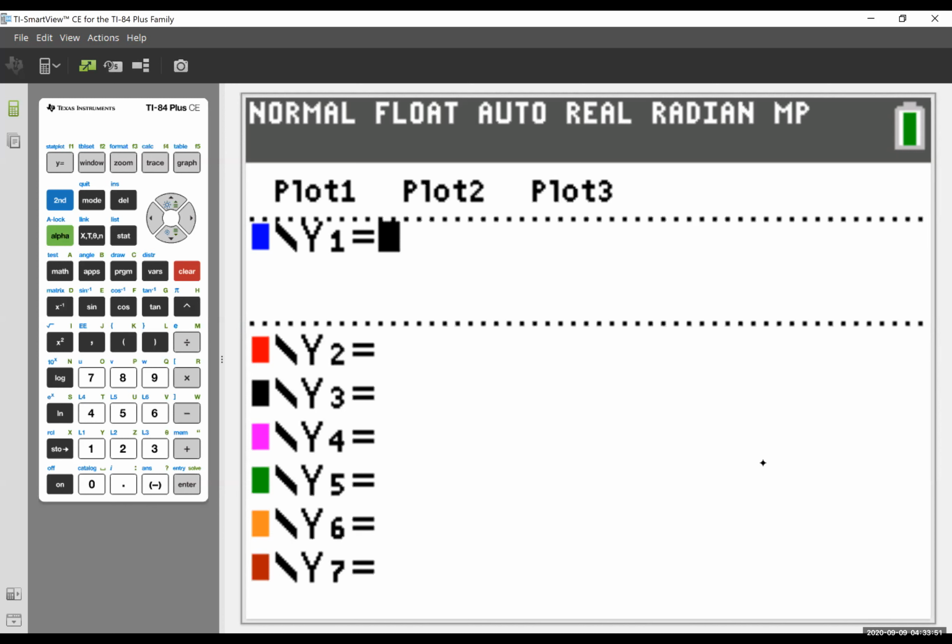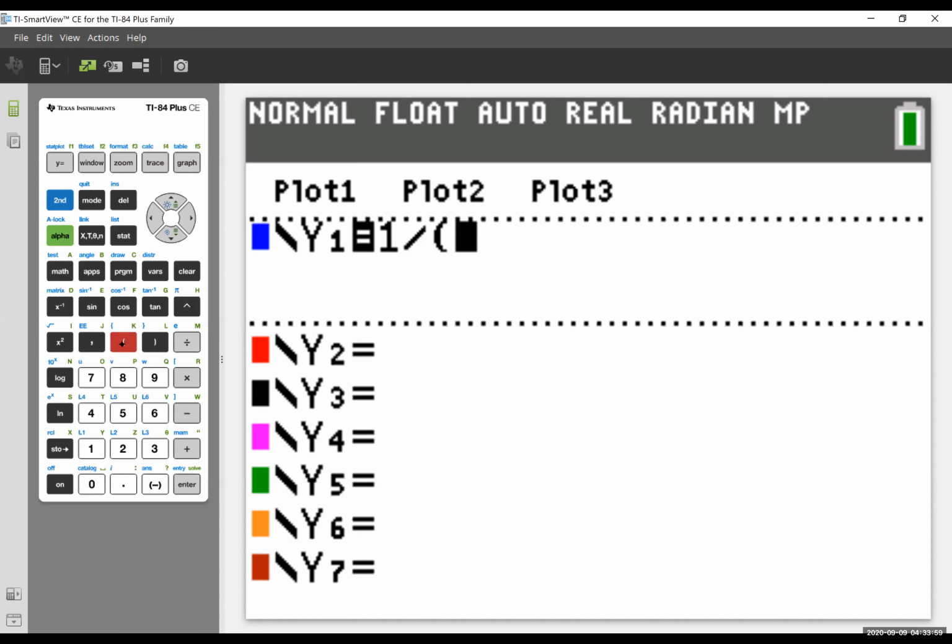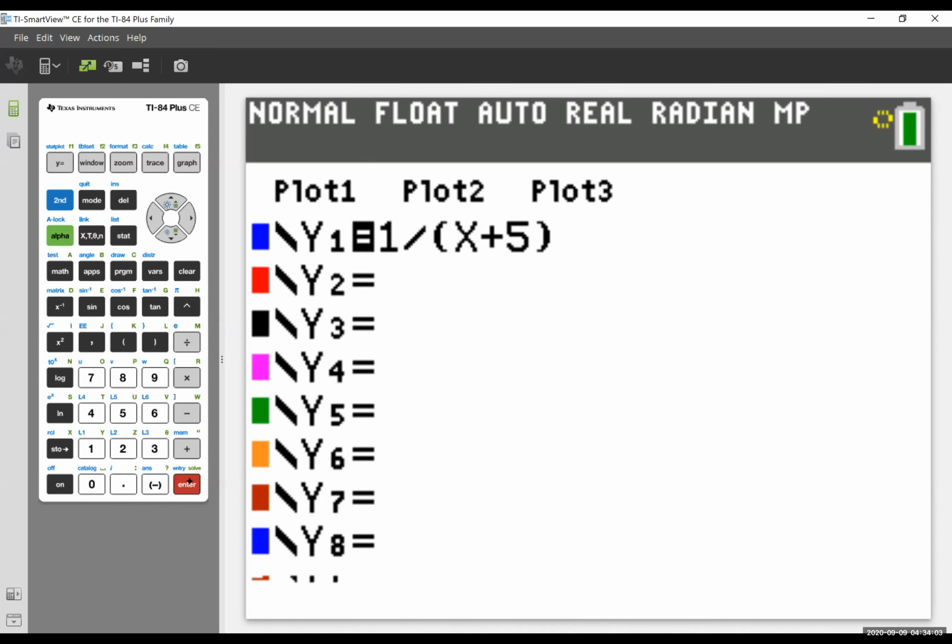So I'm going to just take a look back without you guys seeing. I have 1 over x plus 5. So 1, and I'm going to enclose that denominator in parentheses. And my y2, at least my version of my y2, I should have 1 minus 5x over x.